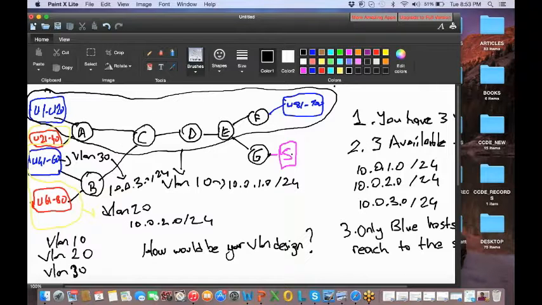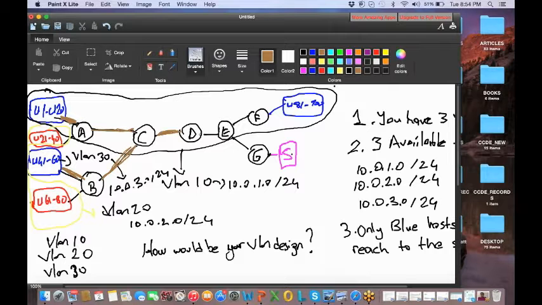But actually the biggest problem is not that one. The problem now is not only the number of filters on the target side, but, as you see, you need to pass this VLAN over these trunks.